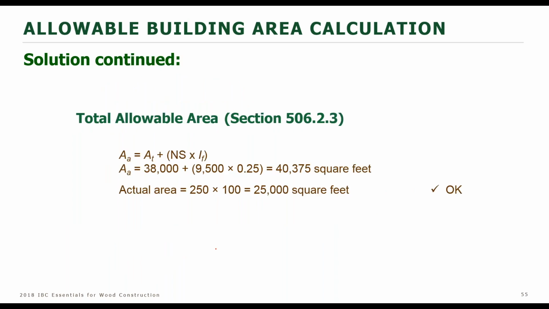And we plug them into this. Very simple. So we pulled the non-sprinklered value. We gave it the allowable increase based on what the I sub F was. We did that separately. We got 38,000. We got 40,000 square feet is the allowable area. So that's just review for you.